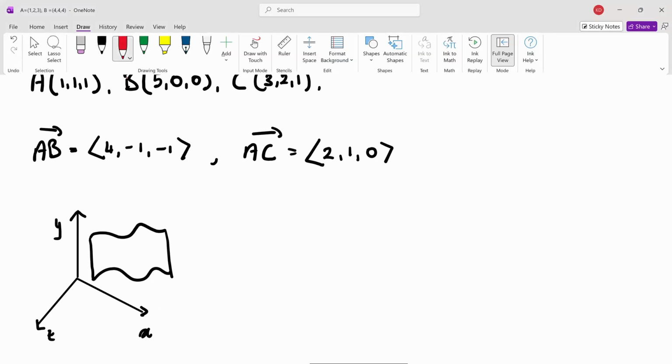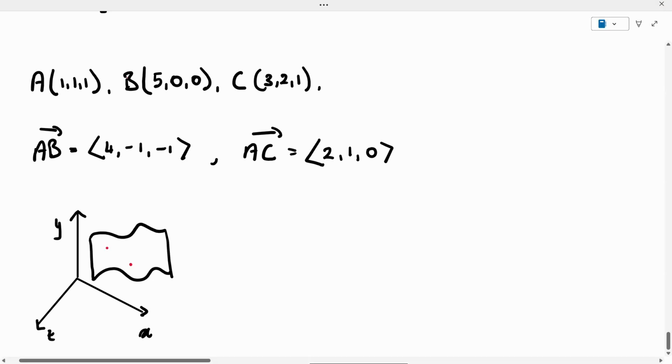I have A, B, and C on this plane, 3 points. And what I just did was I found AB and AC, which are two vectors on the plane now.